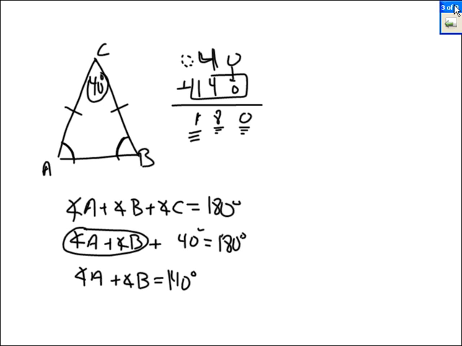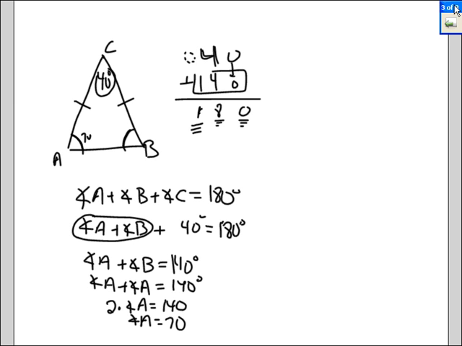But A and B are equal. That is, instead of B, for example, I can write A. They're equal. So 2 times angle A is 140. Well, 2 times 70 is 140. So angle A is 70. But angle B is the same.